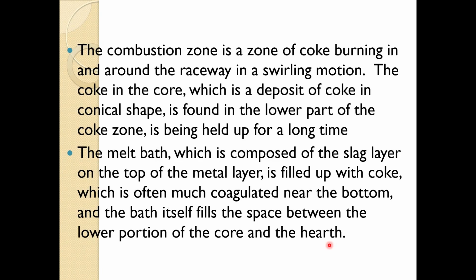So, it floats on the liquid metal, but when you start taking out the liquid metal, it sinks down. So, all the liquid metal and slag is sitting within the pores of the dead man, and then you drain it out. So, it acts like a strainer for this metal and slag.